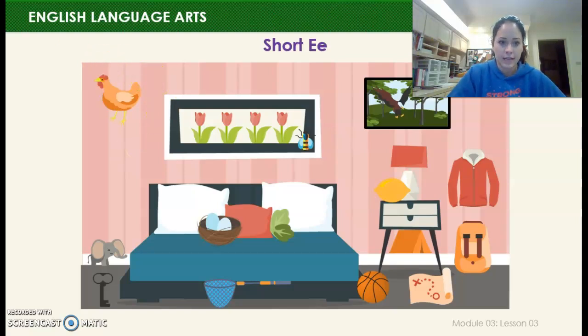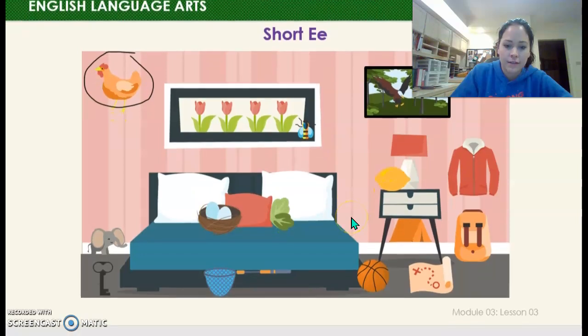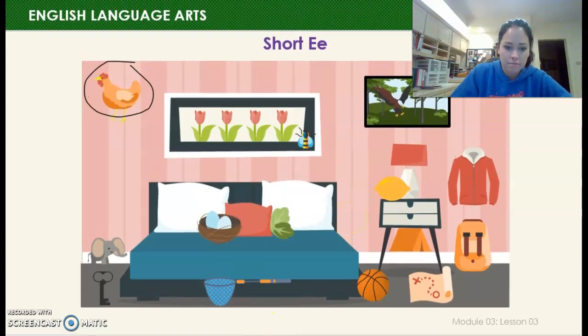I agree, I hear eh. Let's circle our hen. Good. Okay, I see a ball. Does that have eh? I don't think so. I hear ball.